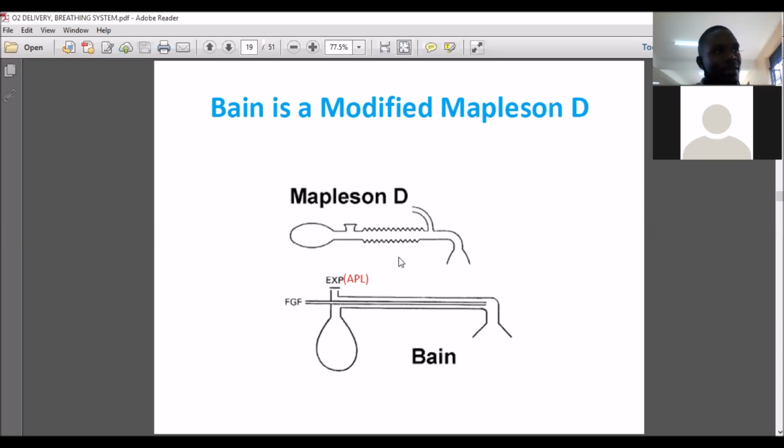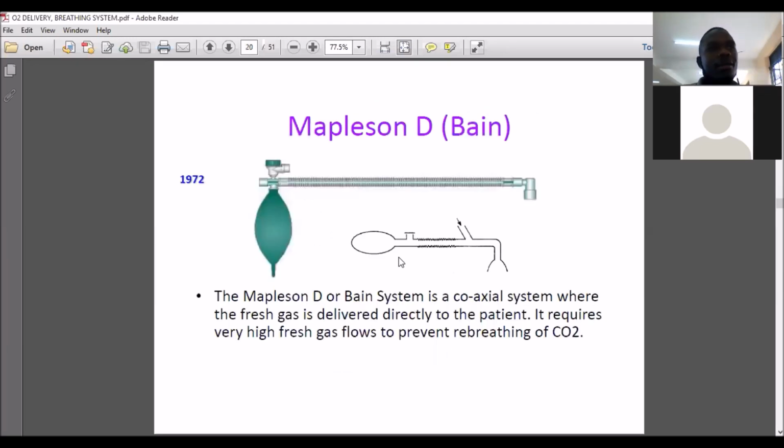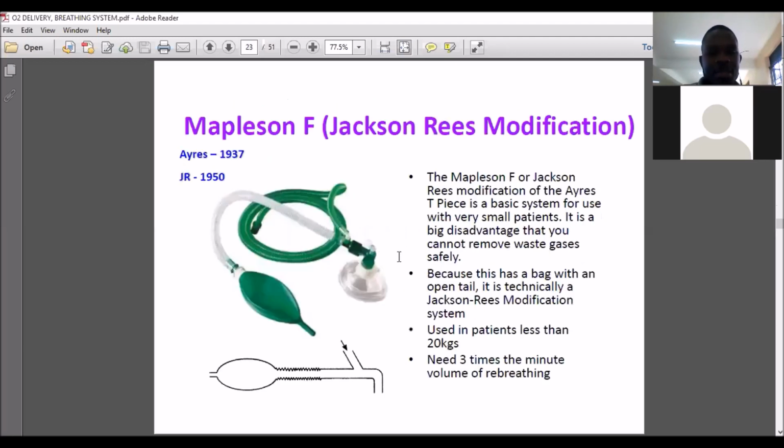Yes, it's only that Bain modified what Mapleson had done. Mapleson D said you pass a tube to deliver the gas. The other one said it may kink, so let me deliver the gas directly. Yes, that's a modified one.